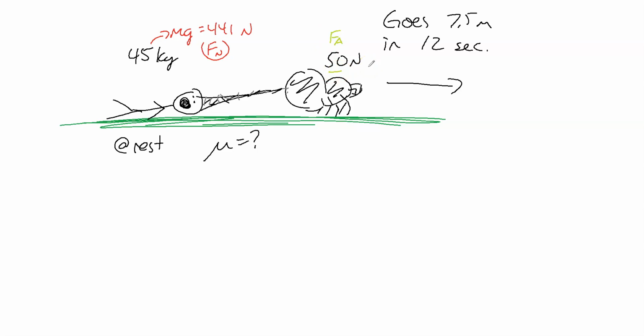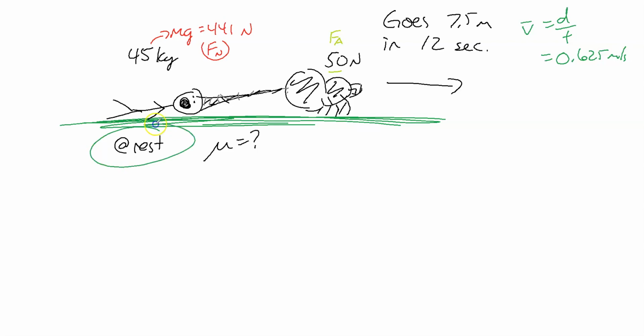Well, I'm going to work with my distance and time stuff a little bit. Distance and time, of course, give me speed. More specifically, they give me average speed. So if I do the 7.5 divided by 12, I get an average speed of 0.625 meters per second.